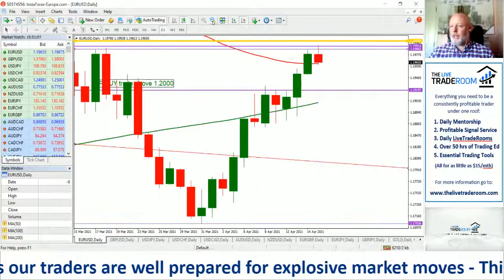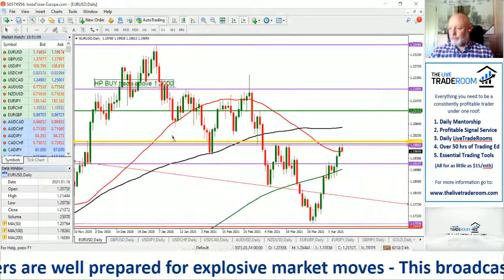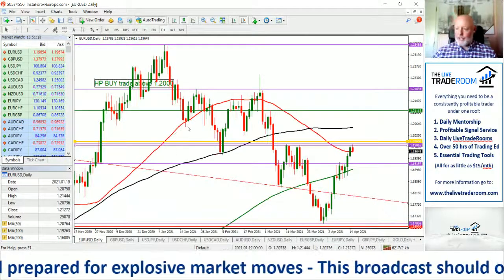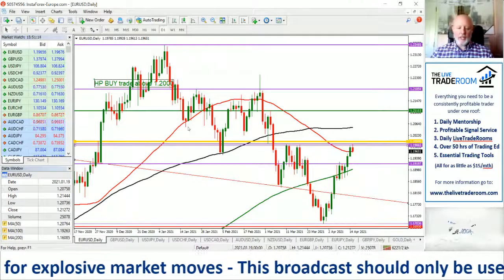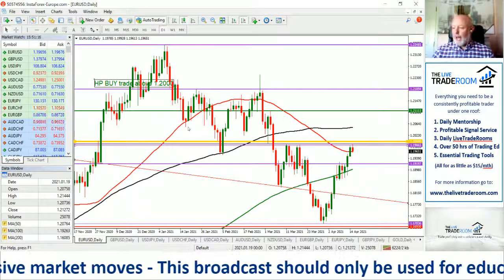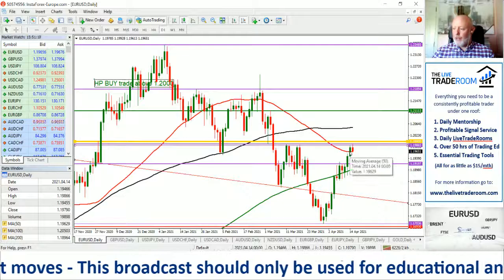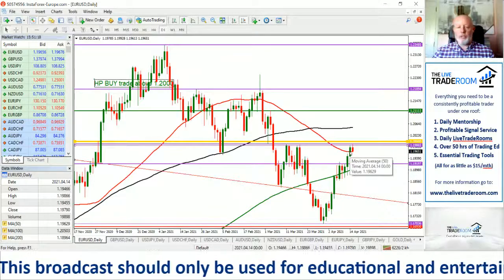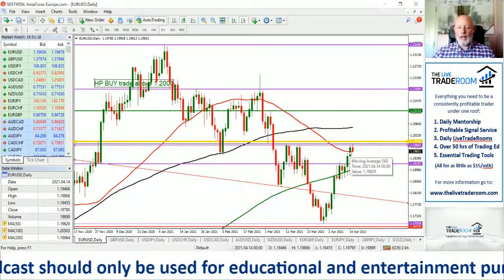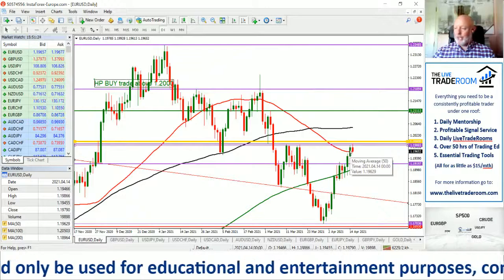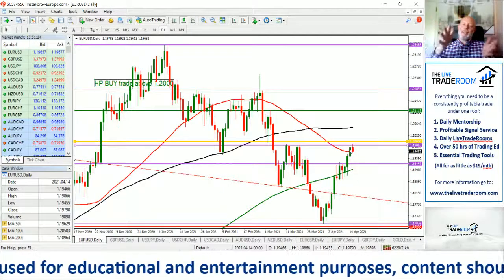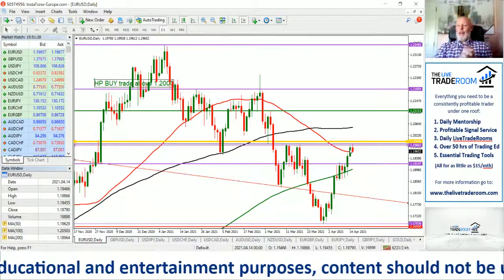Yes, so the ones that are of most value, not to us but to investors and your big hedge funds and your big financial institutions, are by far the 50 period moving average, which is often the closest line to the current price, because it takes the average over the last 50 days and it tells you what that average is.